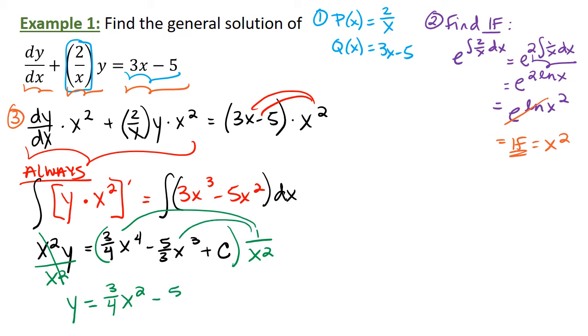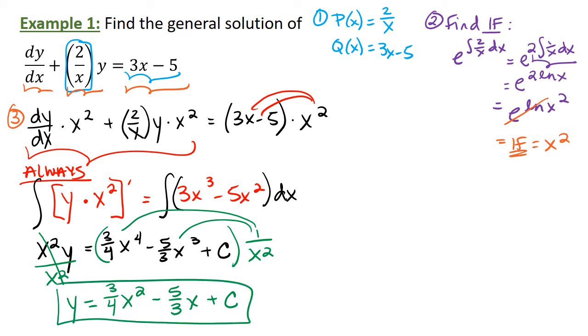Same type of thing here, negative 5/3 x plus c. If you want to write the c over x squared, you certainly can, but that just remains a constant anyway. So that is an example of finding the general solution.